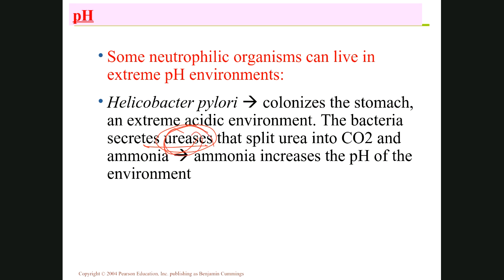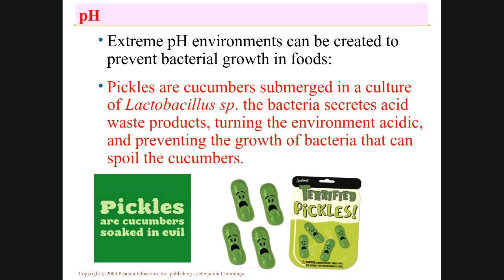They make tons of CO2 and increase the pH of the stomach. They make ammonia by splitting urea into CO2 and ammonia. So they buffer the acidity. That's essentially what they're doing, and that's how they can survive in the acidic environment.